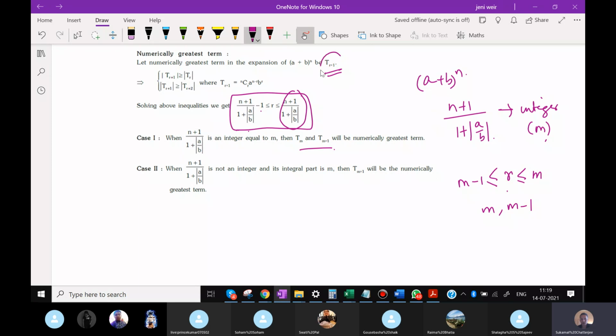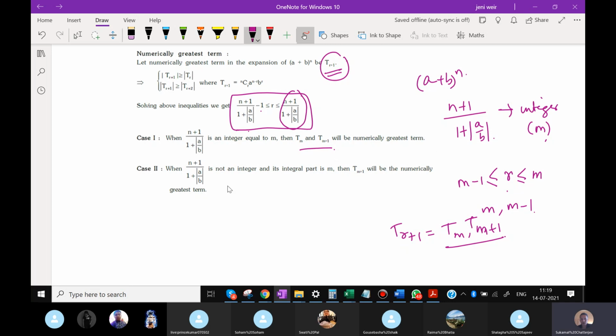Therefore, r plus 1 will become m and m plus 1. So these two terms will be numerically the greatest in this expansion if this value is an integer, which means the magnitude of these two terms will be the greatest.